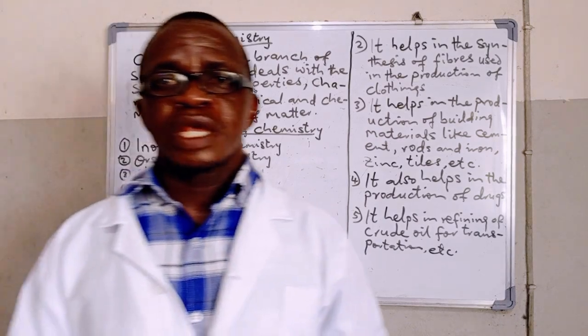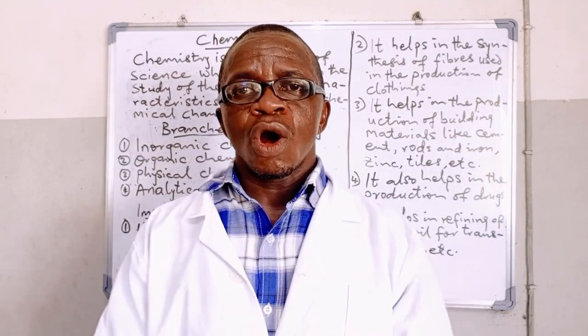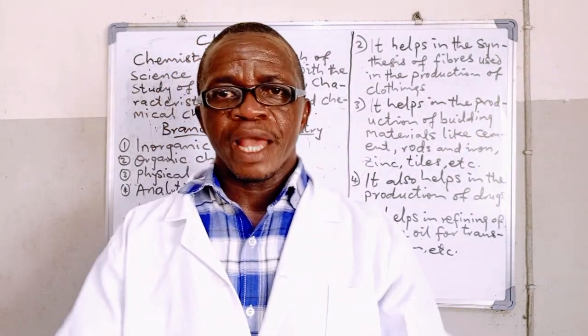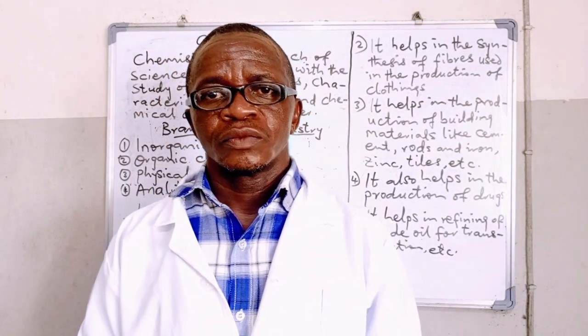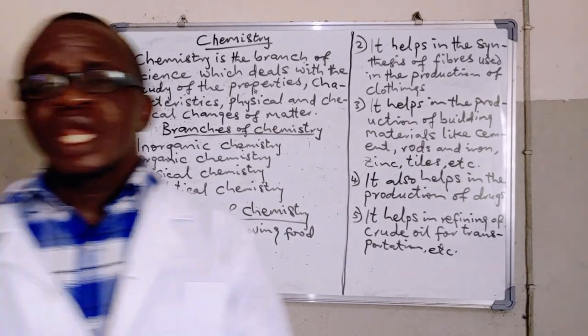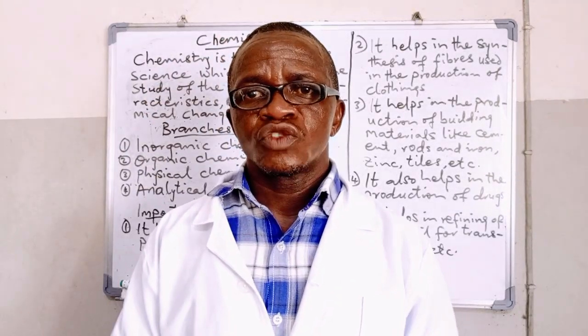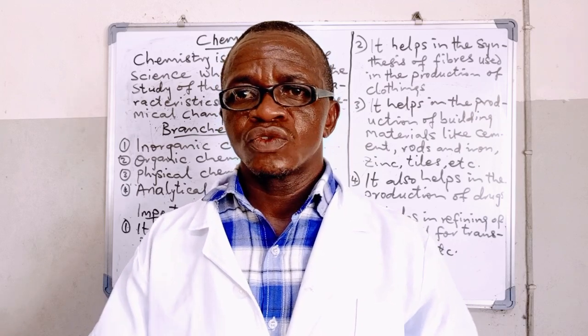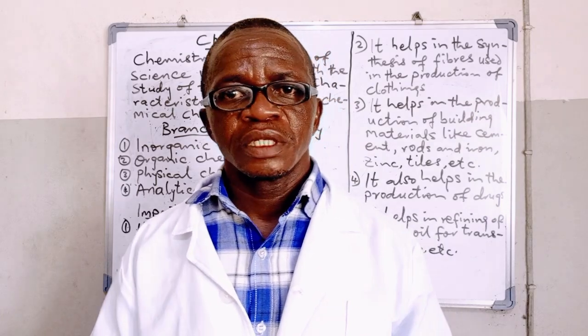Physical chemistry will teach us on the energy change during the chemical reaction, while analytical chemistry is a branch of chemistry that deals with the design of apparatus used by a chemist.